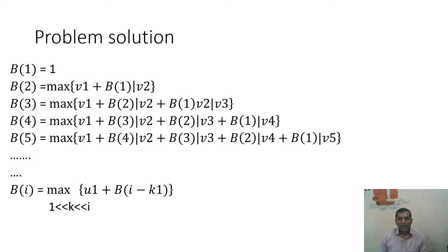So if we sell the rod with price V2, or cut it into 2 parts, the maximum we can achieve out of that is selected for B2.